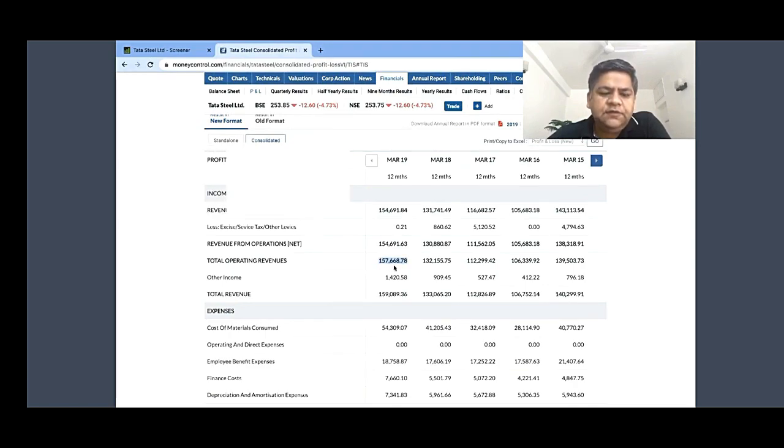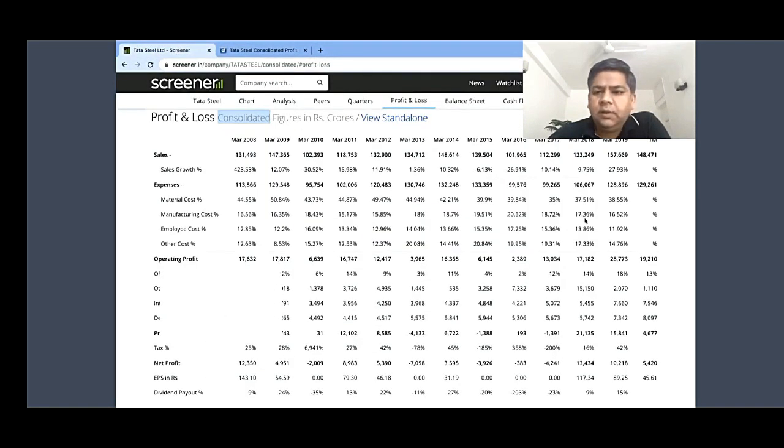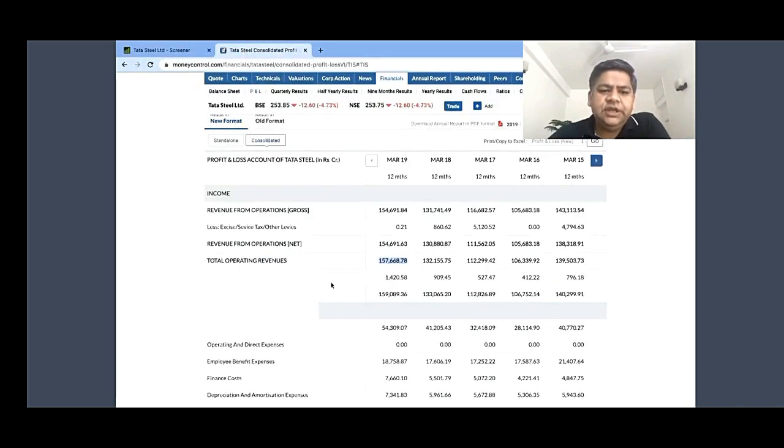It is 1,57,668 crore, 1,57,669 crore, which is exactly the same. It's just that they have rounded off 0.78 to 69. So consolidated and standalone is something which you have to understand.